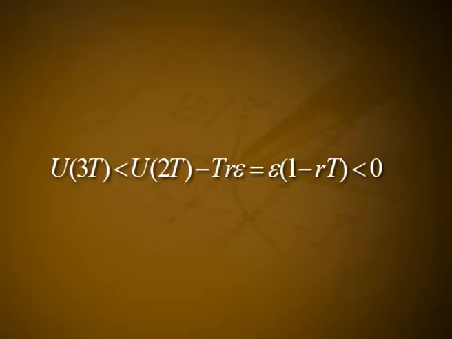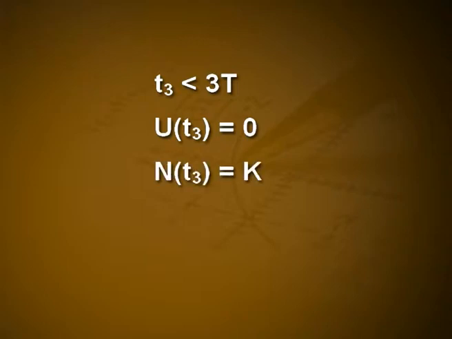This implies u at 3T is less than u at 2T minus T times r times epsilon, which is equal to epsilon times 1 minus rT, and that is less than 0. Since we have required rT greater than 1, by continuity there exists a time t3 less than 3T such that u(t3) is equal to 0, which means n(t3) is equal to k. Clearly, at t equal to t3 we have dn/dt less than 0 and n is still decreasing.